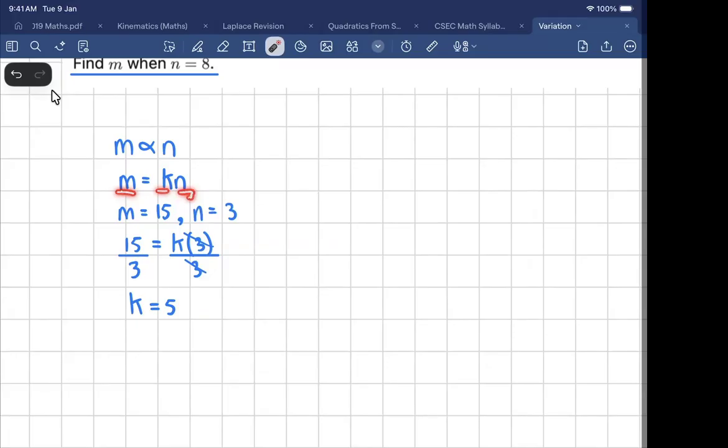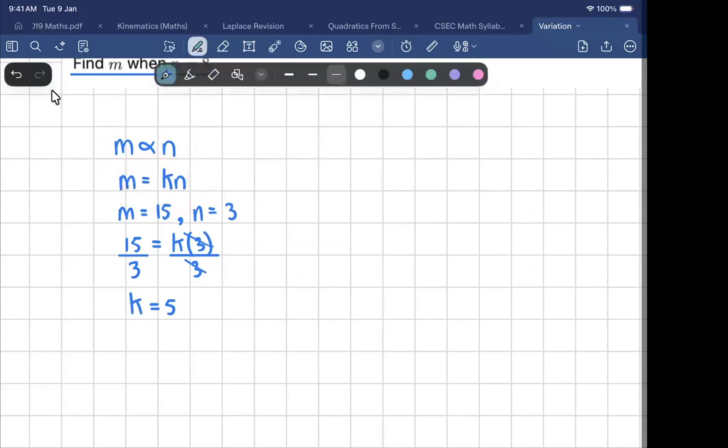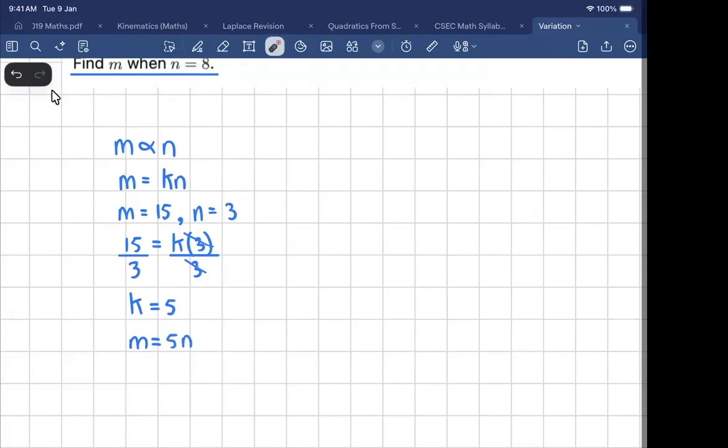So if I wanted to write the complete relationship, what would I write? M is equal to 15n. No, 5n. Sorry. So what does this mean in English, Ria?